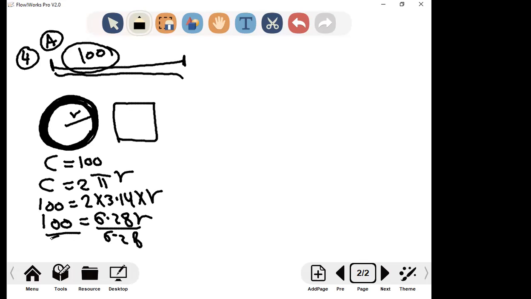Remember the multiplication equation, right? So the radius will be 100 divided by 6.28. It will be 15.9.